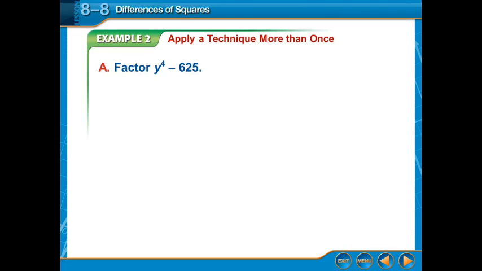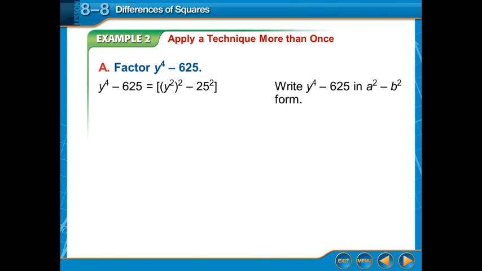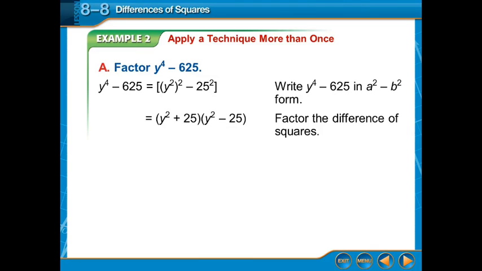Now we're ready to go on. Sometimes you can apply a technique more than once. And that's kind of what we've been doing. We will always want to look at it that second time to see if it's something that we can factor again. So we have y to the 4th minus 625. If you want to write it in terms of a squared minus b squared, the square root of y to the 4th is y squared, and the square root of 625 is 25. So factor the difference of two squares.